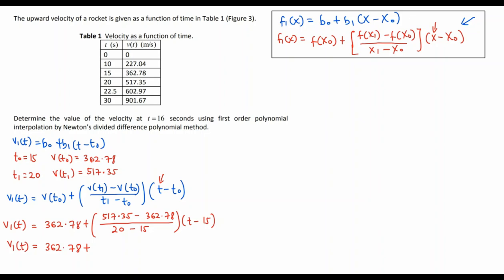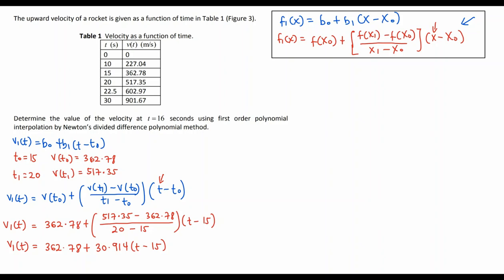This will give us a value of 30.914, multiplying t minus 15. When you expand this, you're going to see that the highest power for the unknown variable t will be 1, and if the highest power is 1, then that's a first order polynomial function. So this is what Newton says we should do.